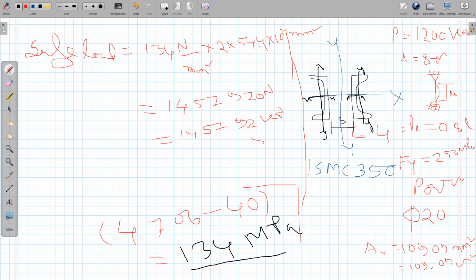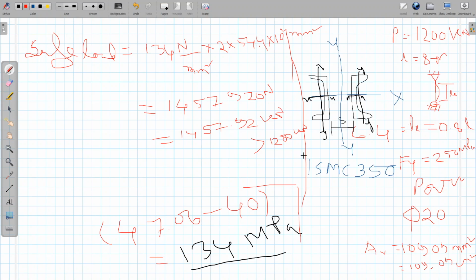So this is more than 1200 kilonewton. In the numerical comparison between the safe load of the section we are providing and what was required, 1200 kilonewton, we have given a section which gives me a safe load of 1457.92 kilonewton. That means our section is safe.